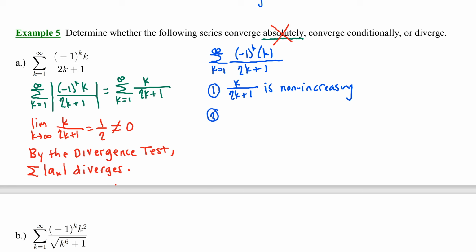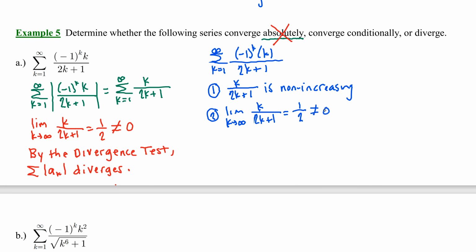The second component is that we have to show that the limit as k approaches infinity is 0. So we find the limit as k approaches infinity of k over 2k plus 1. We find out it is not 0, but 1/2.